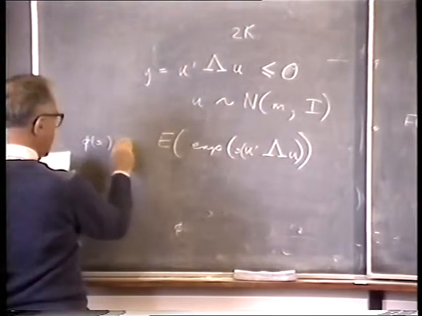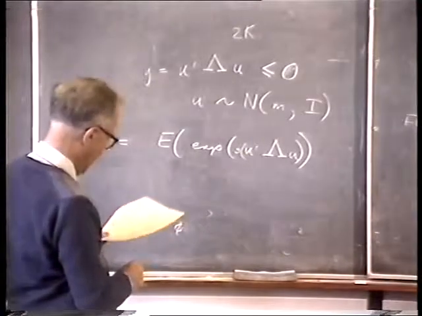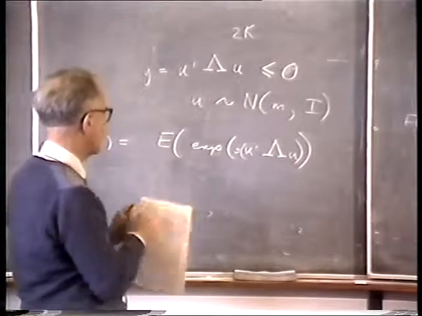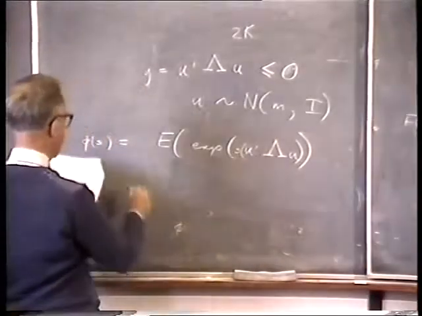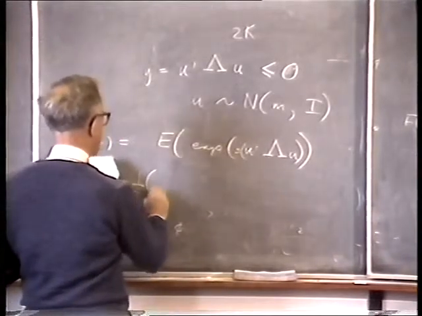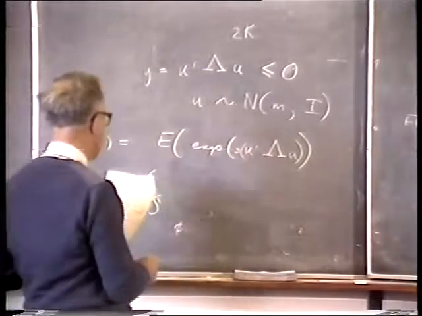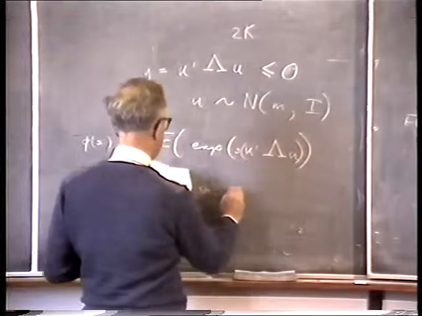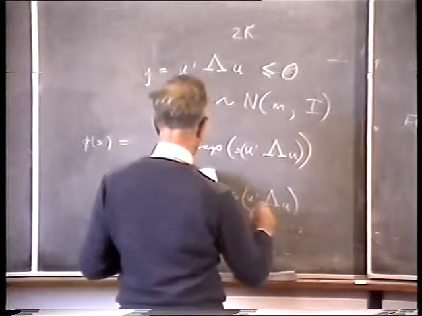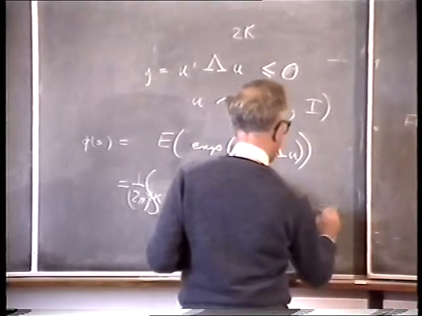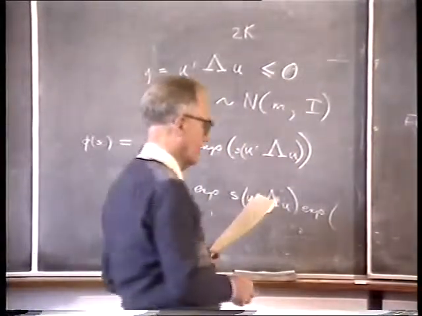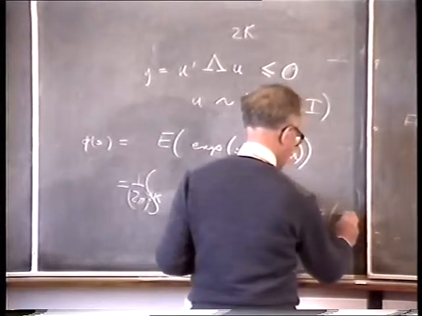Phi of s is defined as the expectation of the exponential, and so we find ourselves doing a multiple integration and then we write down the corresponding density.